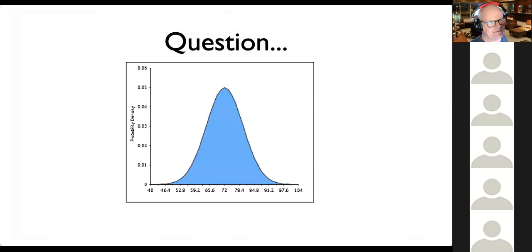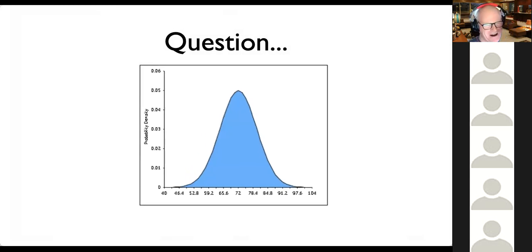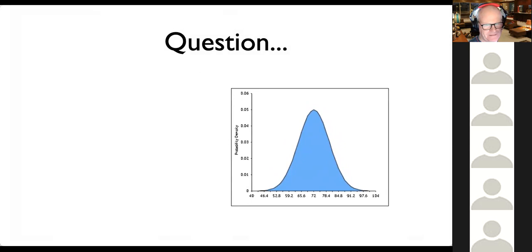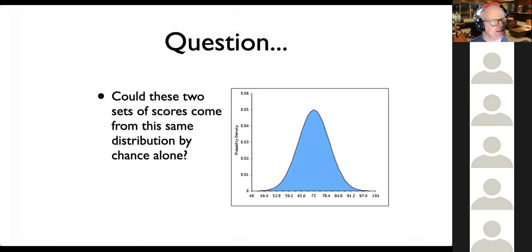So the question I have for you is this. Here's a distribution, and how did I get that? I went to a website that makes distributions. Let's put that over there, make it a little smaller. Could these two sets of data come from this same distribution just by random chance? So what I'm asking you is, do these two sets of scores, could they all have come from here?